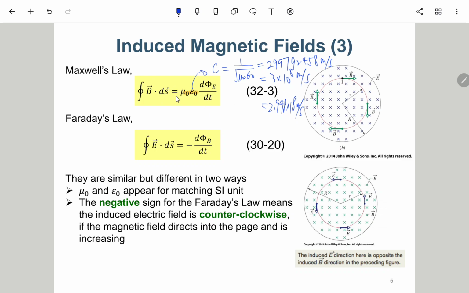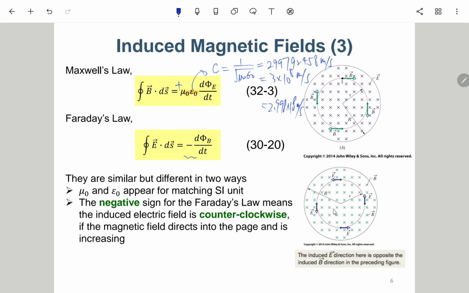Because we have a positive sign here. But here we have a negative sign for Faraday's law, which means that if we have a B field pointing into the page, uniform and increasing at a steady rate, the induced E field is counterclockwise. So this is what this negative sign tells us.